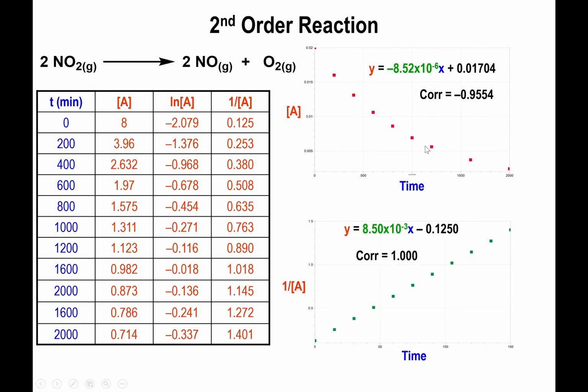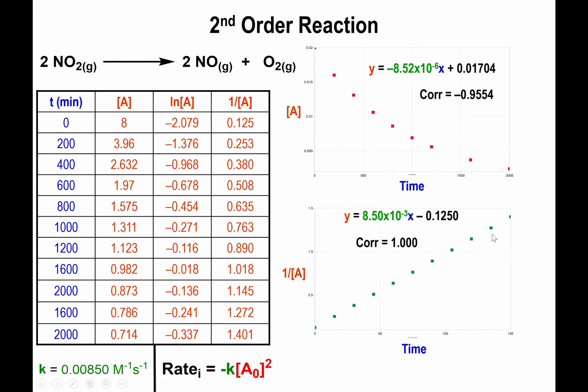And if that gives you the best line, which in this case tends to be the case, you have a correlation of 1 when we plot 1 over A versus time. That relationship tells us that we are dealing with a second order reaction. And what that also tells us is that the rate constant ought to equal 8.5 times 10 to the negative 3, literally the slope of the best line.